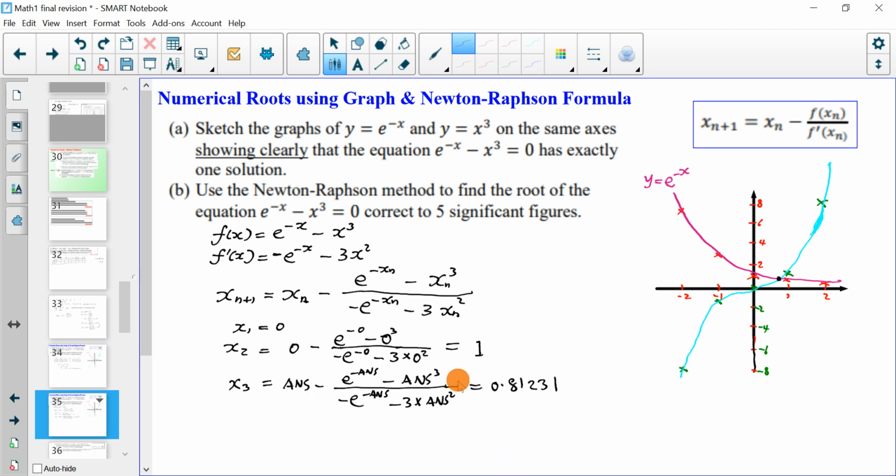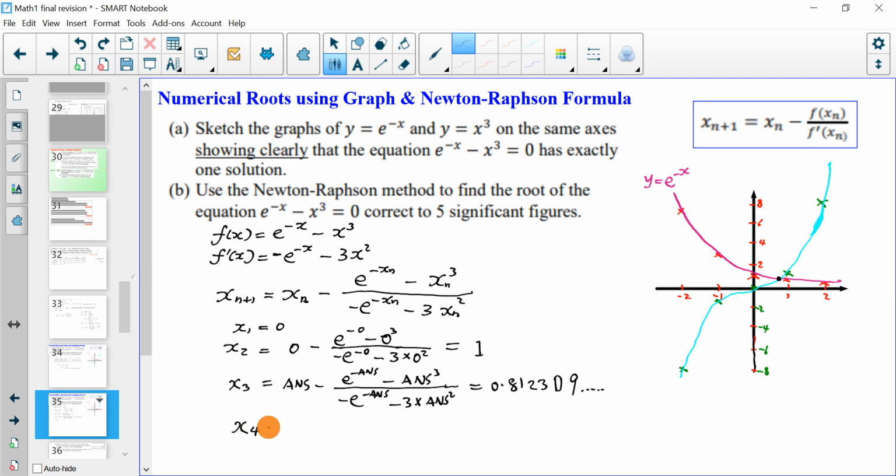It will calculate the same expression using the answer from the previous step, which is 0.81231. Actually, if I write it accurately, it'll be 0.812339... So I'm keeping that answer inside the calculator so I don't have any rounding error to deal with. So x4, I can simply press the equal button.